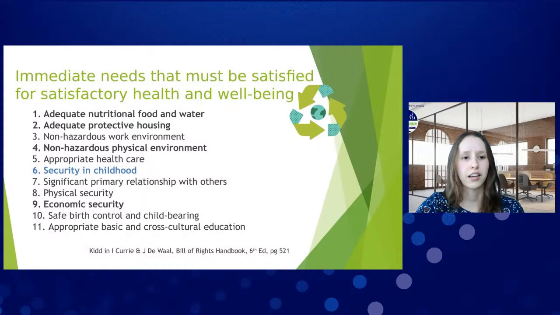As listed on the slide there, you can see I highlighted adequate nutritional food and water, adequate protective housing, a non-hazardous physical environment and economic security, but most importantly, security in childhood, and probably I would say economic security as well. And that directly ties into the idea of maintenance, and how maintenance is crucial to sustain the health and well-being of children.